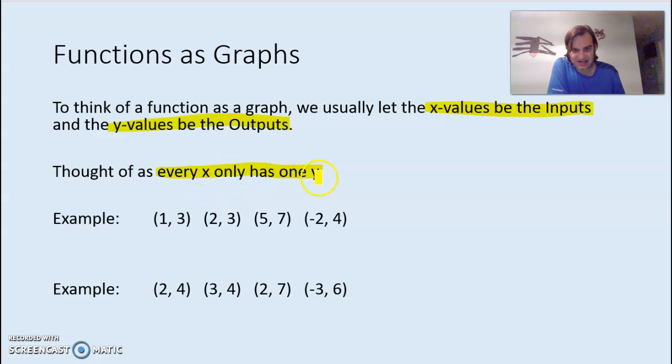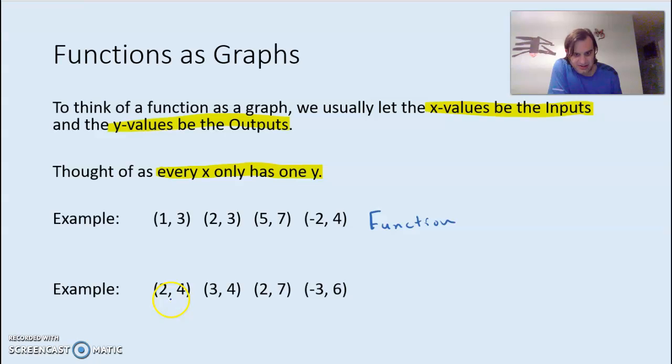Every x has exactly one y. So in the first one here, it says 1 goes to 5, 2 goes to 7, negative 2 goes to 4. So these are like x, y points. But the problem is this, no, there is no problem, because every input, 1, 2, 5, negative 2, has one answer. So this is a function.